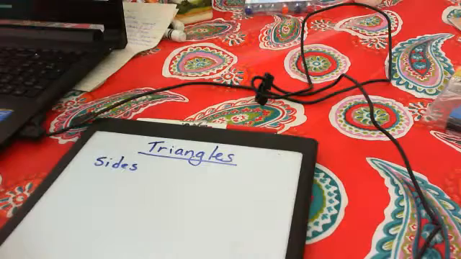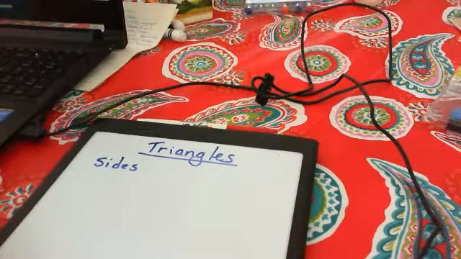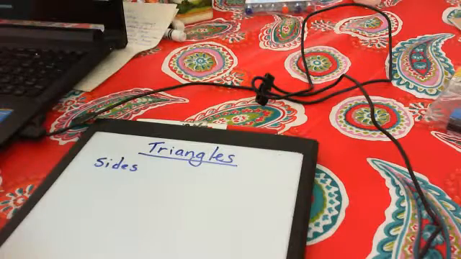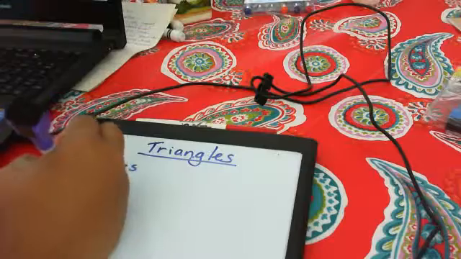Now there are three main types of triangles that you should know and be familiar with. The first one is equilateral.